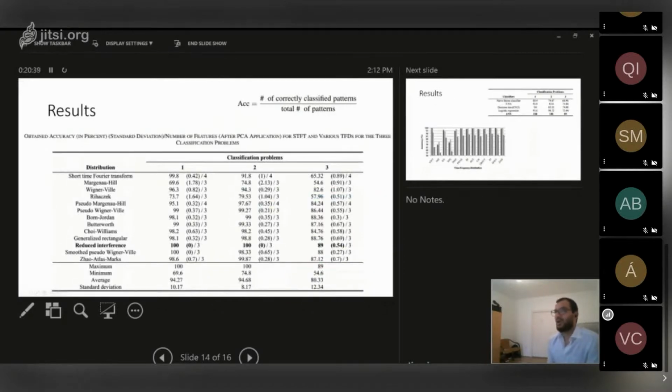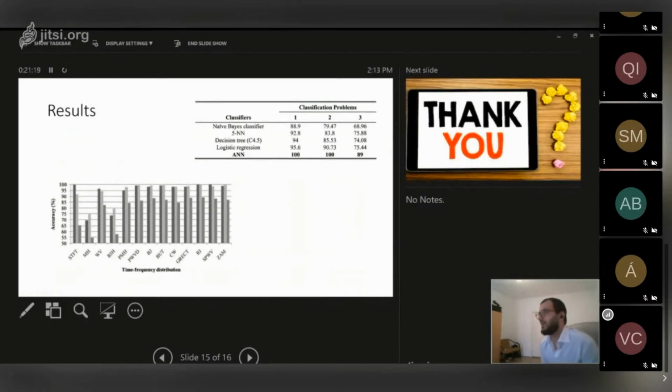Next, they consider different classifiers, like a tree classifier, over the time frequency distributions, and calculate their accuracy with this formula. Some parameters are calculated, like maximum, minimum, as well as average and standard deviation. Again, you can see very good results for the first two classifiers, and still better than the rest.